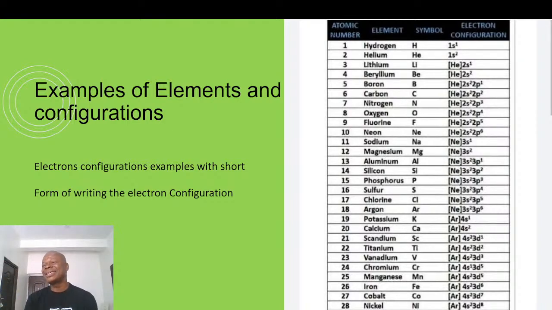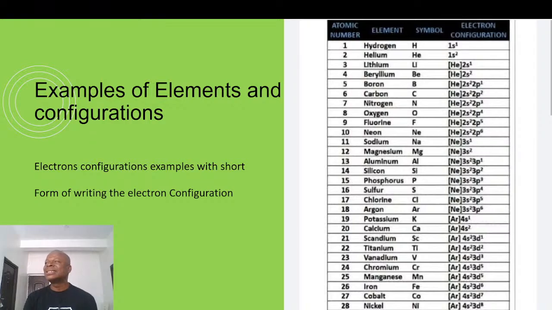Do you understand? So I put this particular one in to enable us to know how these things can be done in a short way.